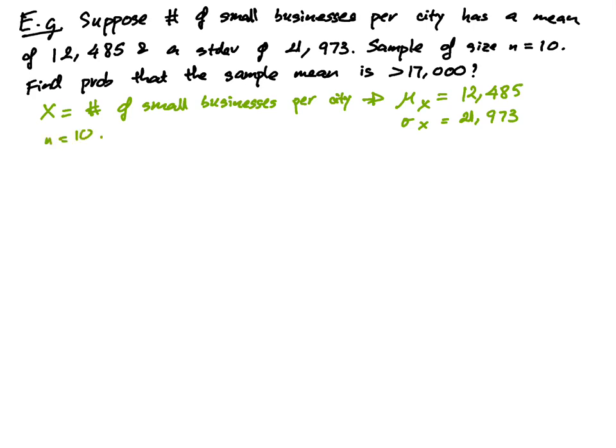If you translate the question from English into probability terms, essentially what we want to find is the probability that x bar is greater than 17,000. The sample mean is x bar, so we're being asked about the sample mean, that's why we have x bar right here.